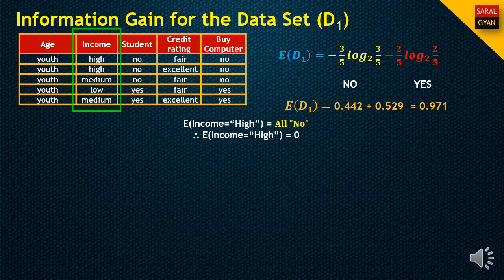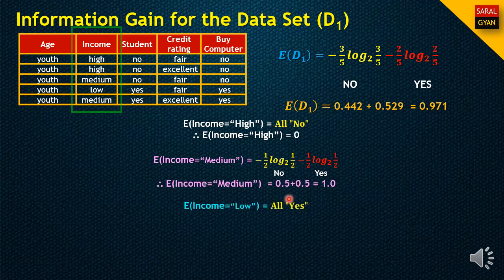Now first of all, we'll calculate the information gain for the attribute income. When income equals high, all are no, so entropy is 0. When income equals medium, there is 1 no and 1 yes in the buy computer attribute, so entropy is maximum, that is 1.